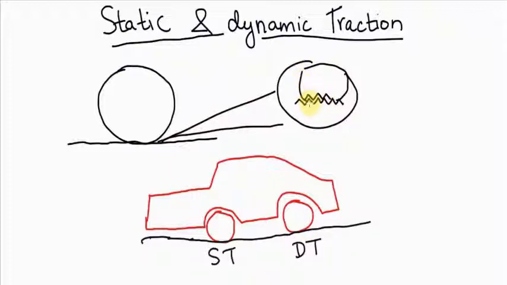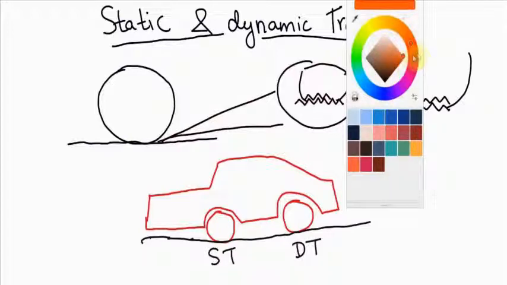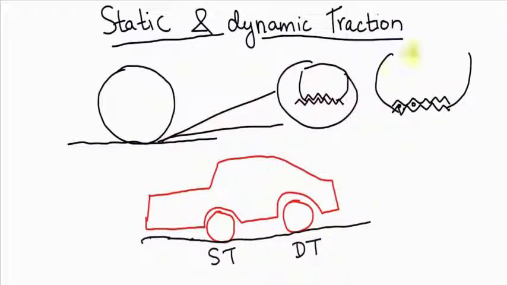Whereas if we look at the dynamic traction, which acts on the driven wheels, there is this deformation, but between this deformation there are grains of sand, which we had taken as an example in the previous image. Yeah, these are the grains.